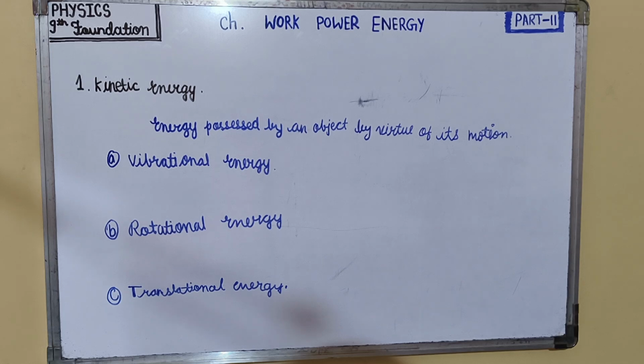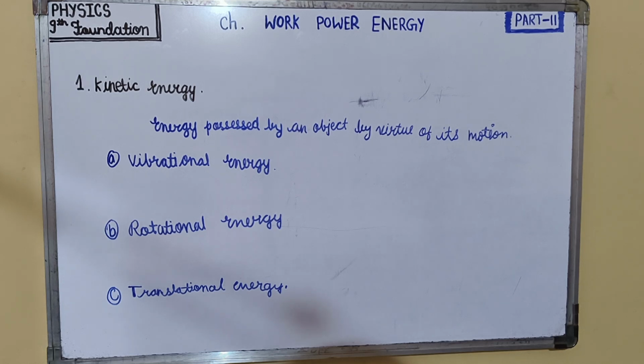Now let us consider some examples to understand it. First is kinetic energy and mass. Suppose a tennis ball and an iron ball are thrown towards you with the same velocity. Which one is easier to catch? It is obvious that the tennis ball is easier to catch as it has less impact on the hand compared to the iron ball.